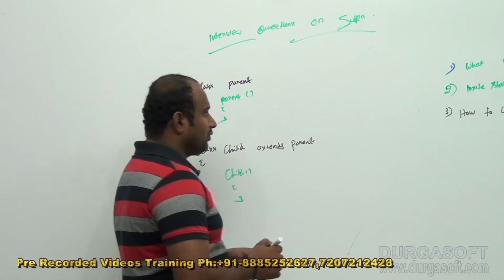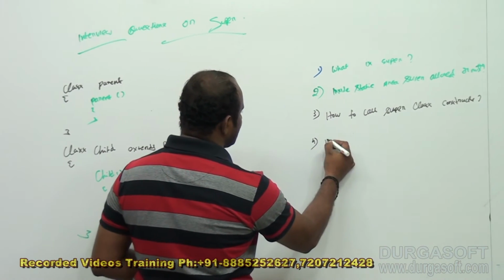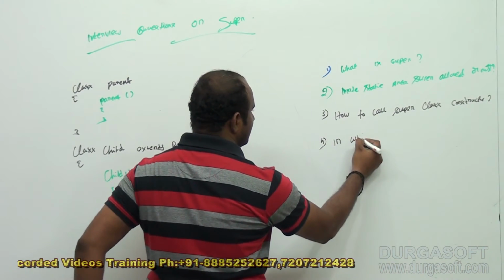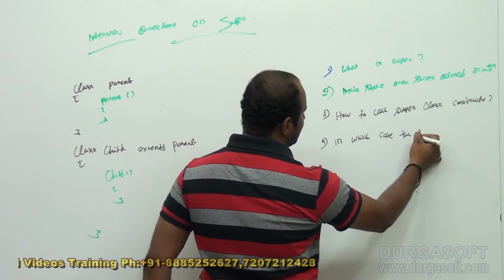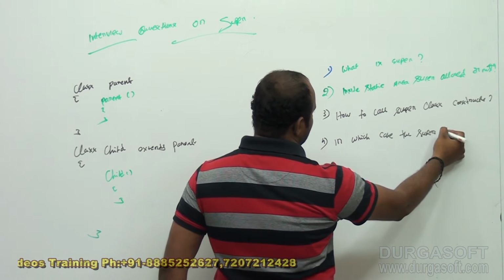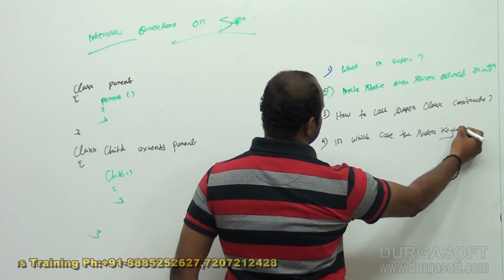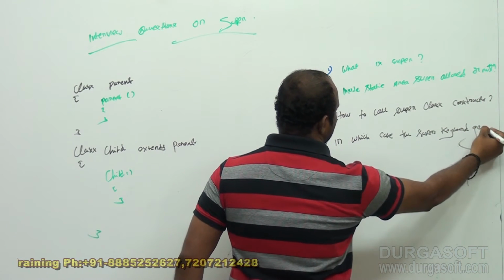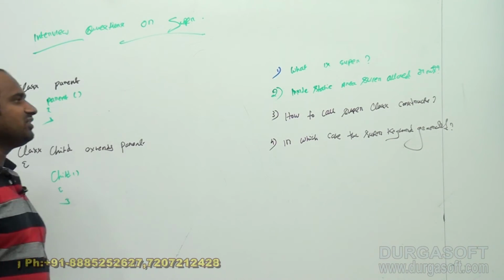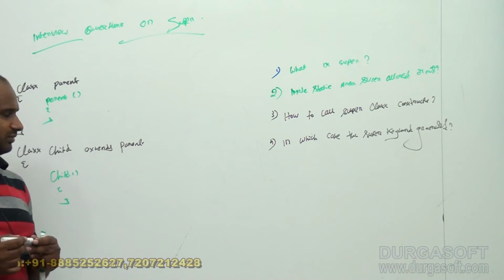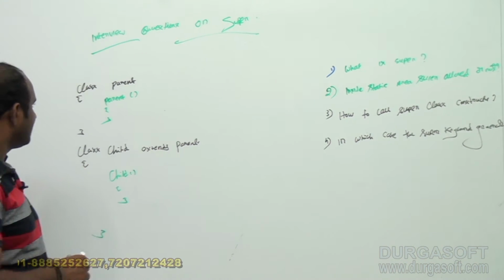Question number 4: in which case is the super keyword generated? Tell me in which case the super keyword is generated. For example, this is a constructor.